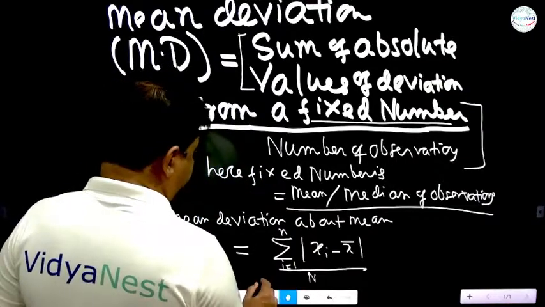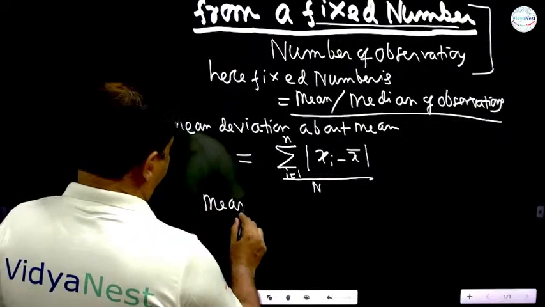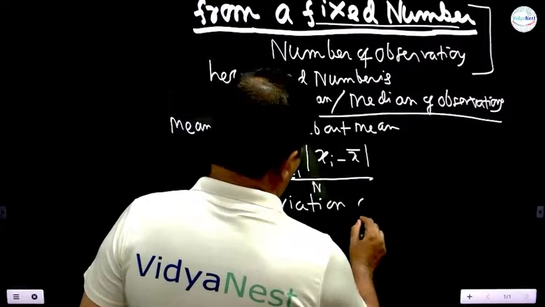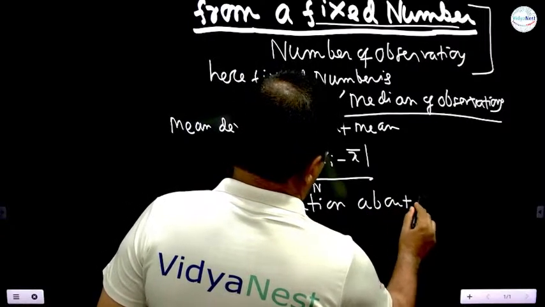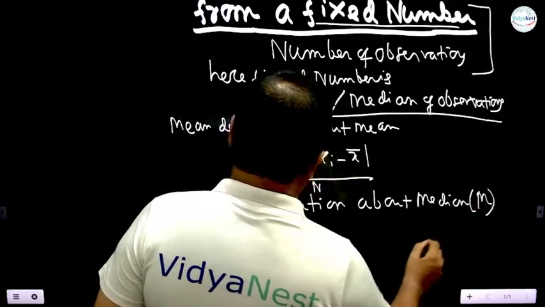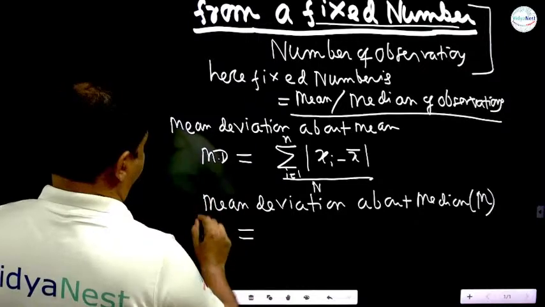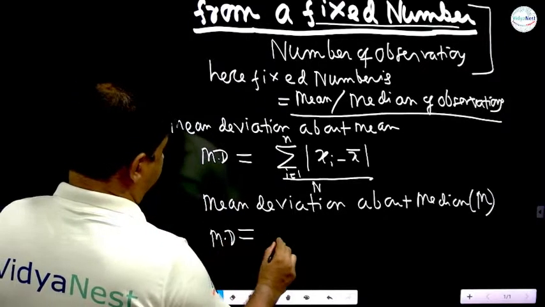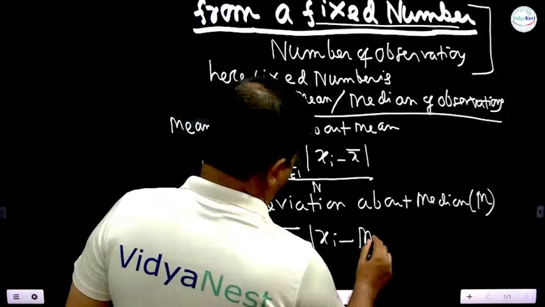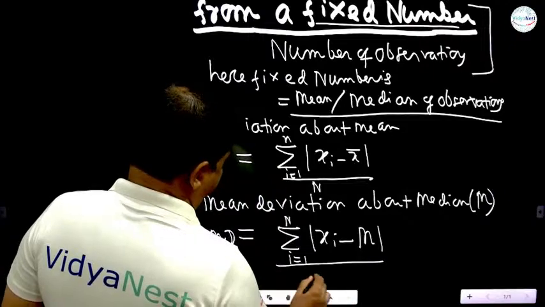And mean deviation about median, sum of absolute value of xi minus median, by n.